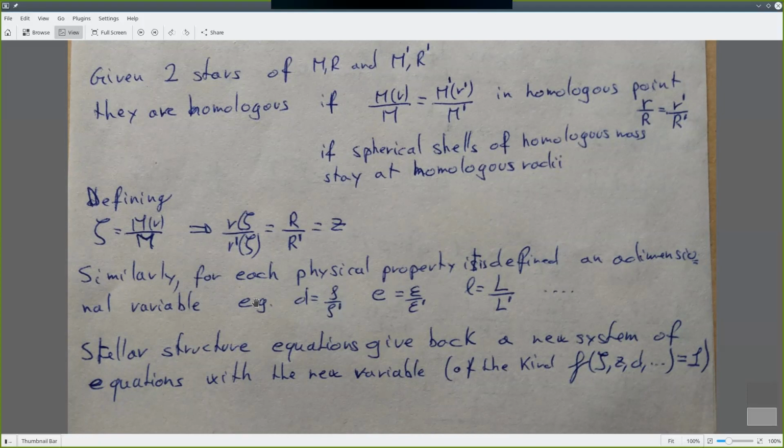But since the other stars also respect the same equations, because density, pressure, luminosity, all the others have the same relations for hydrostatic equilibrium, the relation among luminosity and energy production rate, mass, and so on.